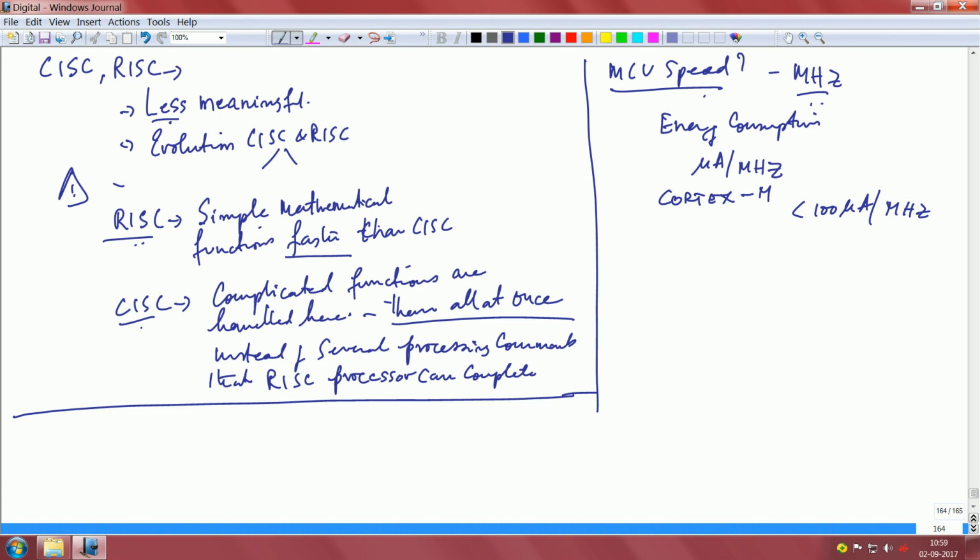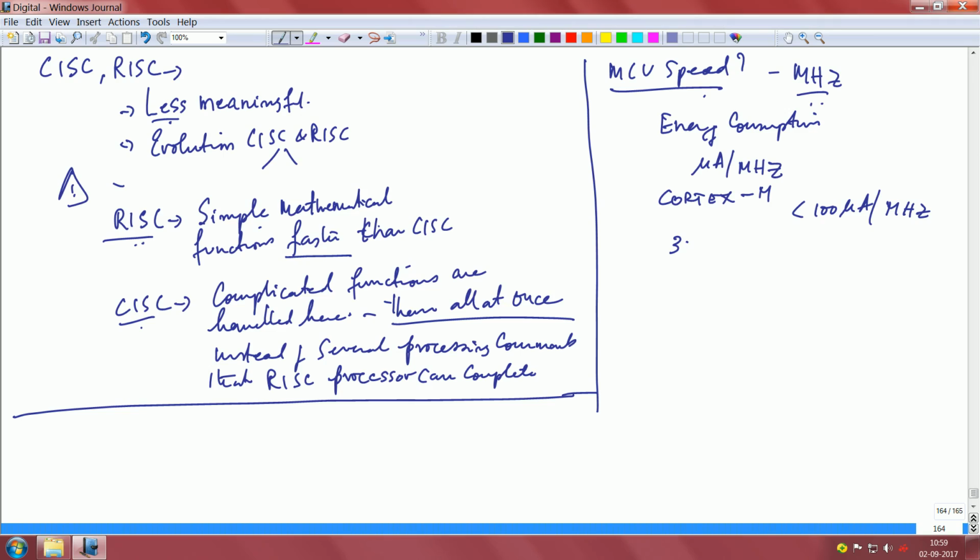That is where vendors will try to compete, they will try to optimize, and you will get different offerings from different vendors using the same ARM core. For instance, there are numbers which even tell you 35 microamps per megahertz, people actually give these numbers. Some people say less than 30, less than 35, or less than or equal to, I would say.